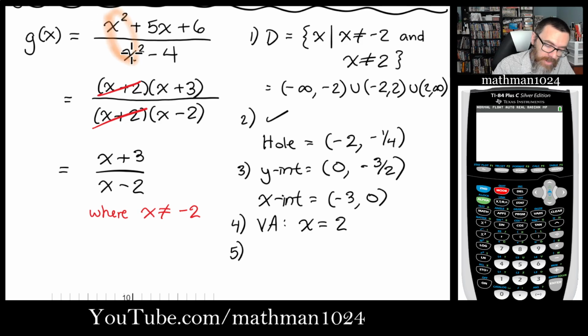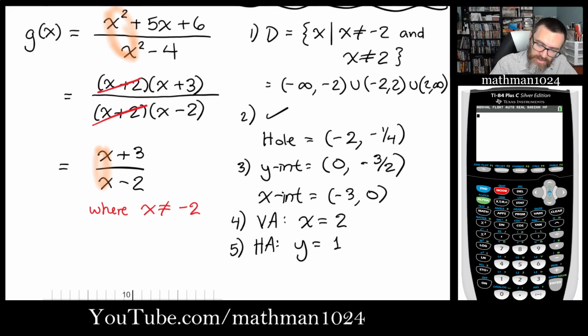Now, whether you compare it up here or you compare it down there, they're going to have the same degree. And because of that, we look at the quotient of the leading coefficient. So 1 over 1, and that's just 1. So we have a horizontal asymptote of y equals 1.